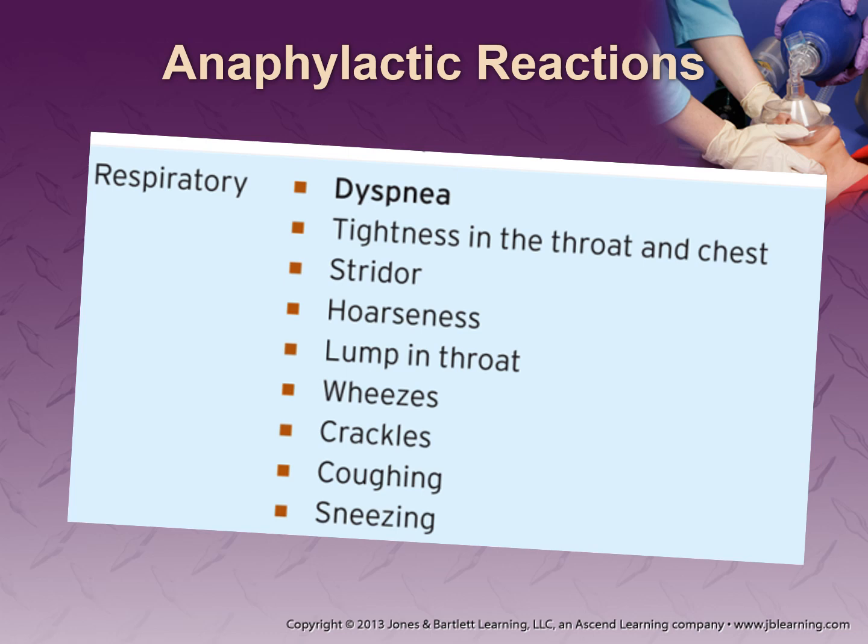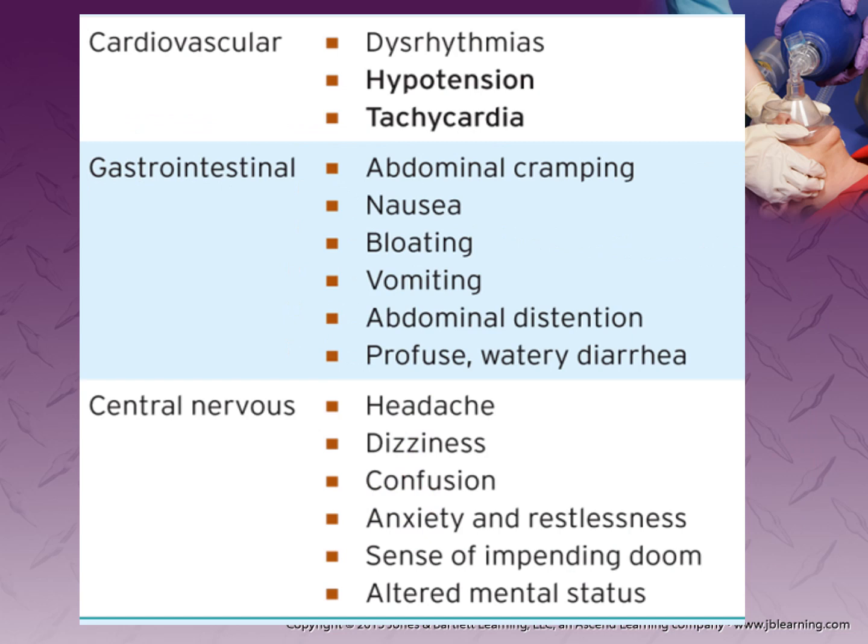We can have wheezes. We can end up with crackles, coughing up some stuff because they can have increased saliva and mucus in their lungs. Hypotension, tachycardia. They could get dysrhythmias. I think we're dealing with PVCs and such. GI problems, and then central nervous system is going to be confusion and dizziness. That could be because of a low blood pressure, and it could be an H3 receptor site.